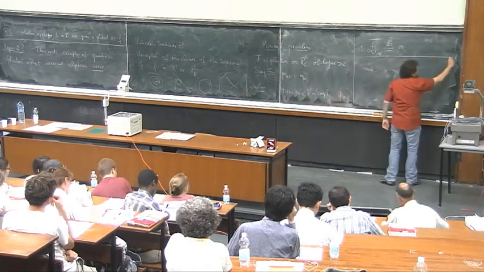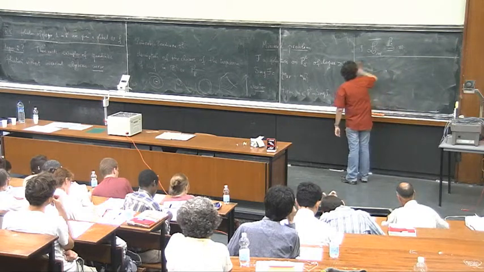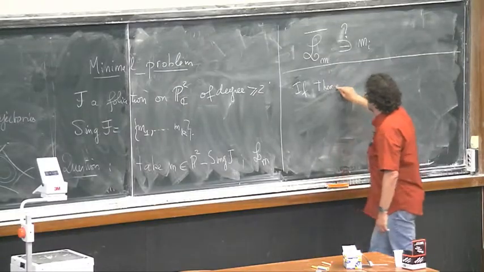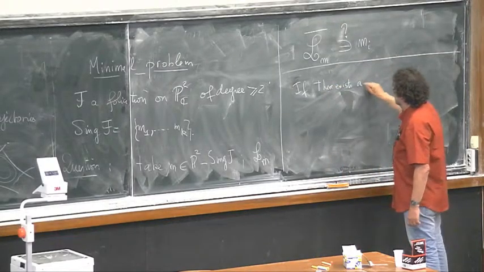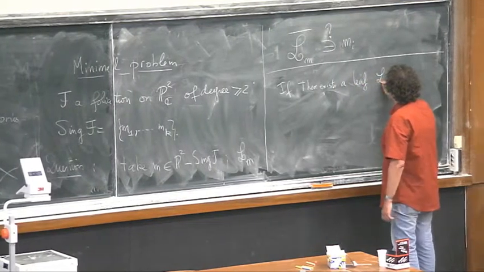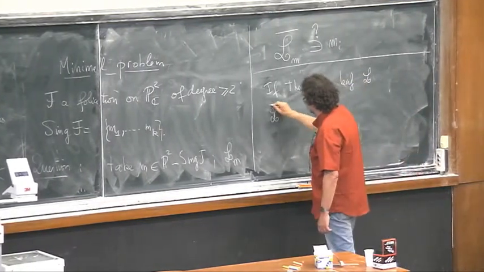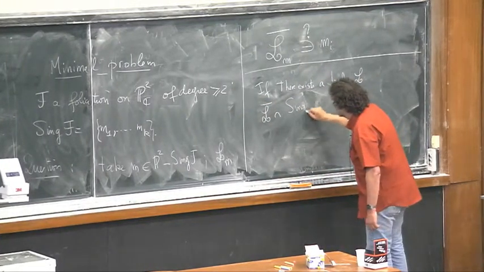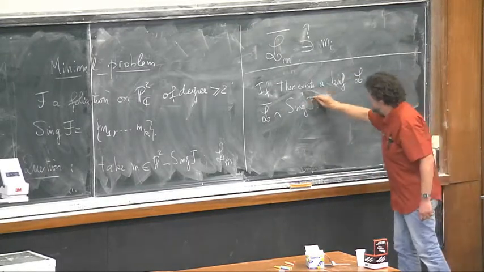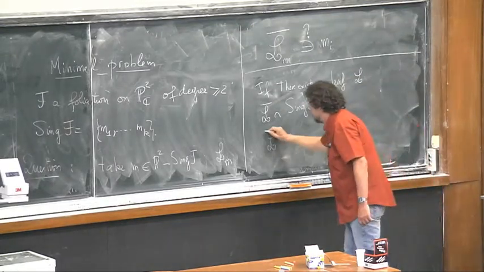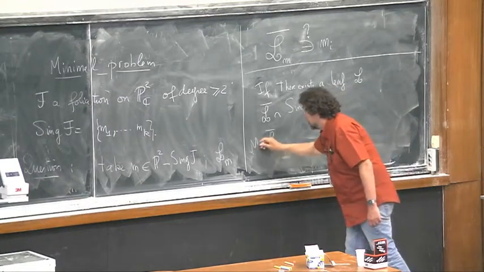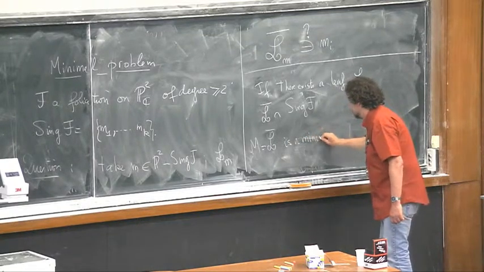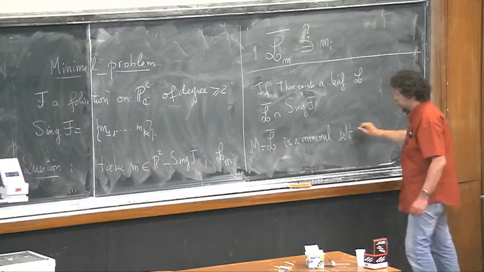And if there exists a leaf L such that the closure of this leaf is disjoint from the singular set, we say that this set is a minimal set. And there are properties.